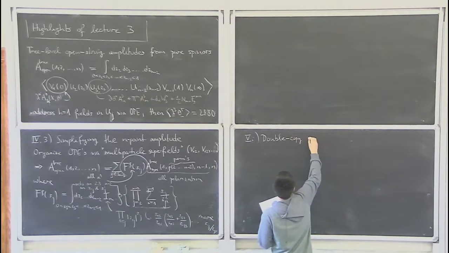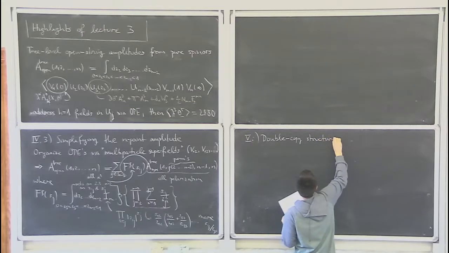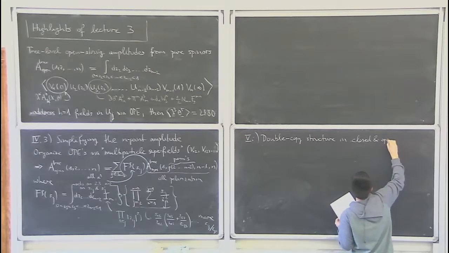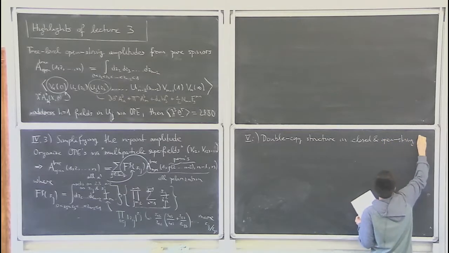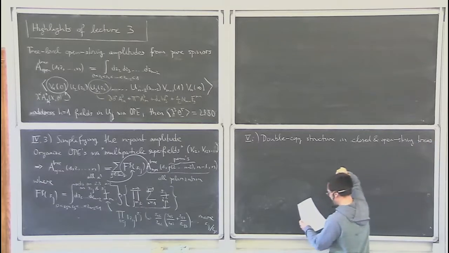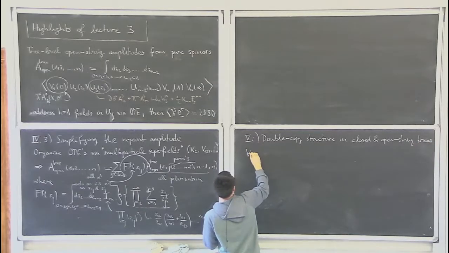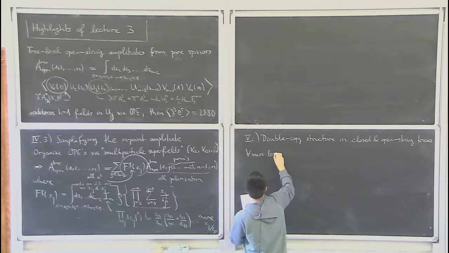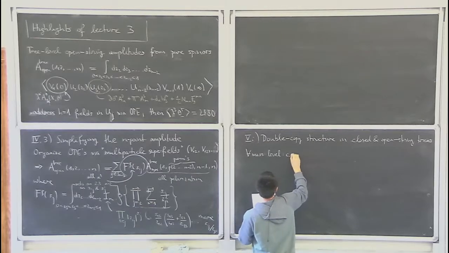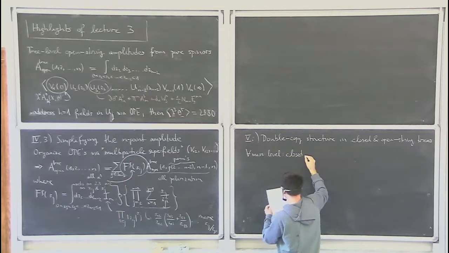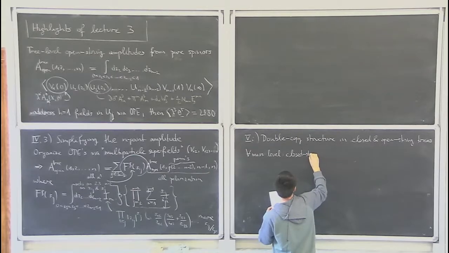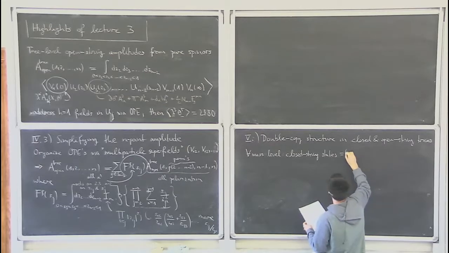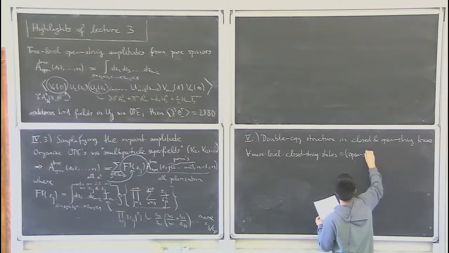Okay, so let me now come to double copy structures in both closed but also in open string trees. I should give you an idea of what I mean by double copy. Let us start with a very naive observation on the string spectrum. If you study the BRST invariant closed string excitations, you will find that it's essentially enough to know about the open string spectrum.